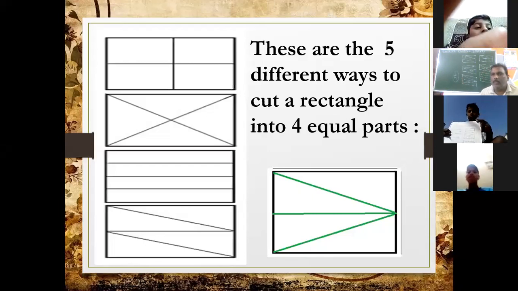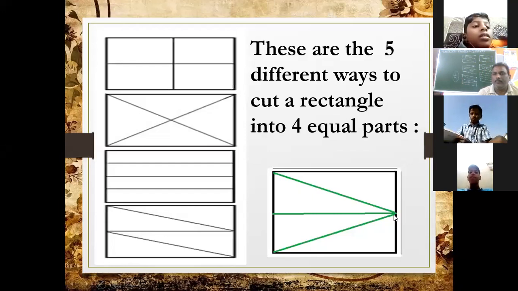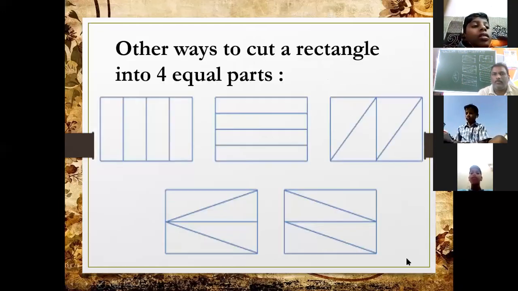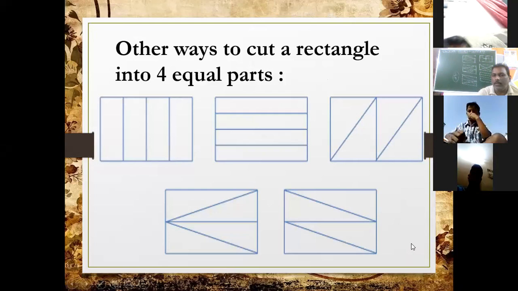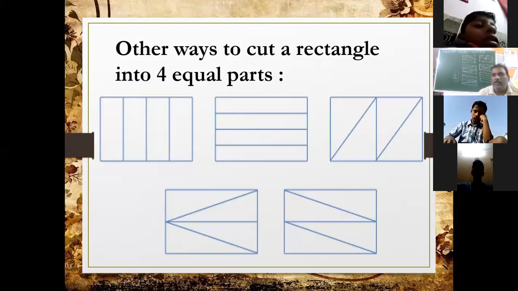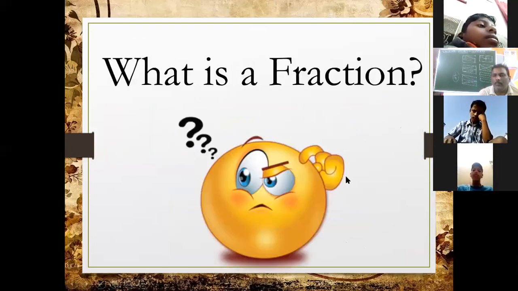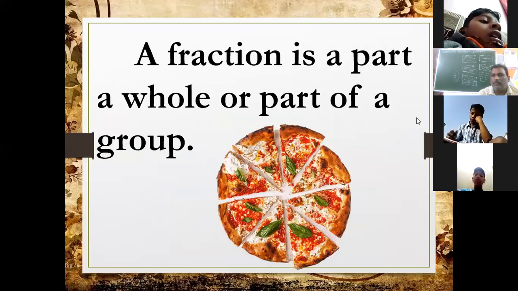Good. Correct. These are the other ways to make 4 equal parts of a rectangle. So different ways are there. So 1 by 4, I said 1 by 4 is called quarter.